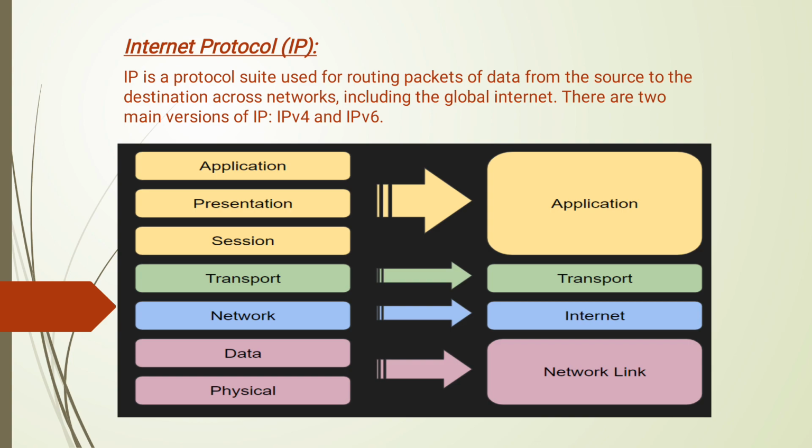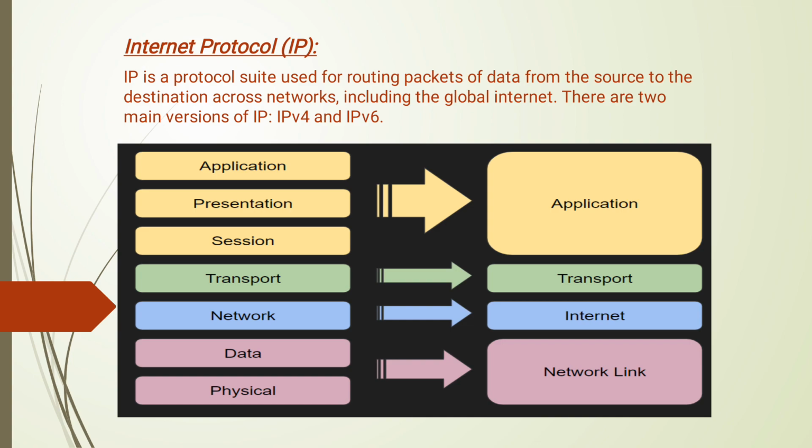Okay, now let's see the Internet Protocol. The TCP/IP model, the Transmission Control Protocol and Internet Protocol, was developed by the Defense Advanced Research Projects Agency. It has four or five layers and a large collection of protocols.